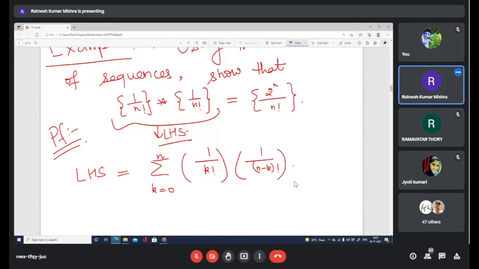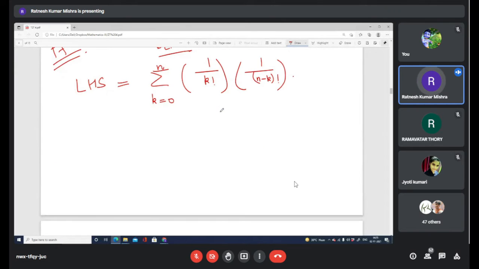Okay. Now expand this one. K equal to 0, substitute here.